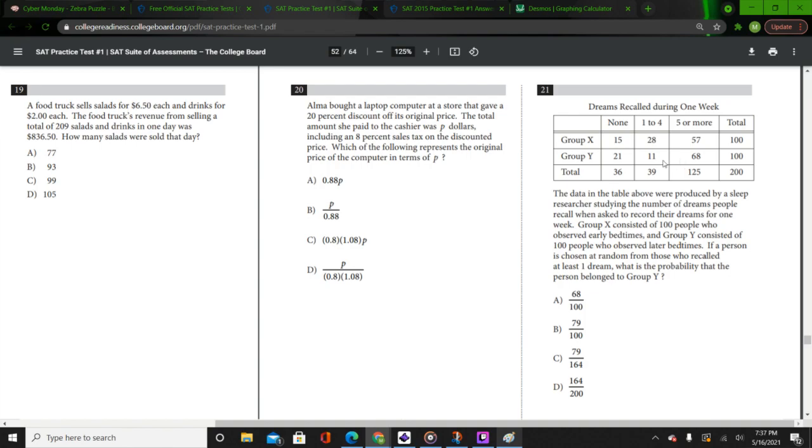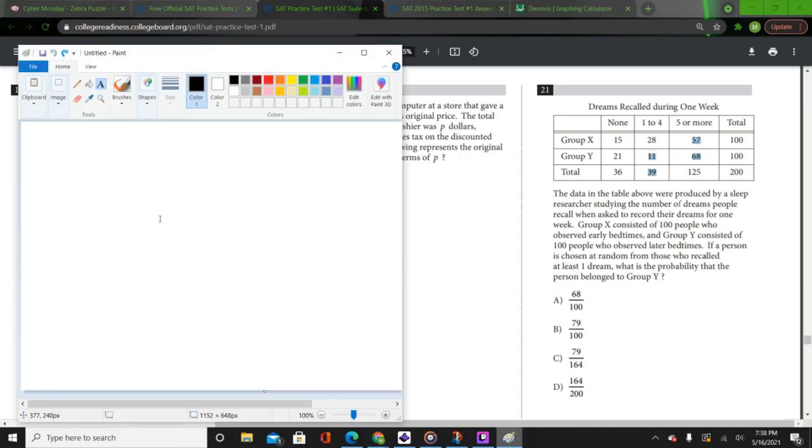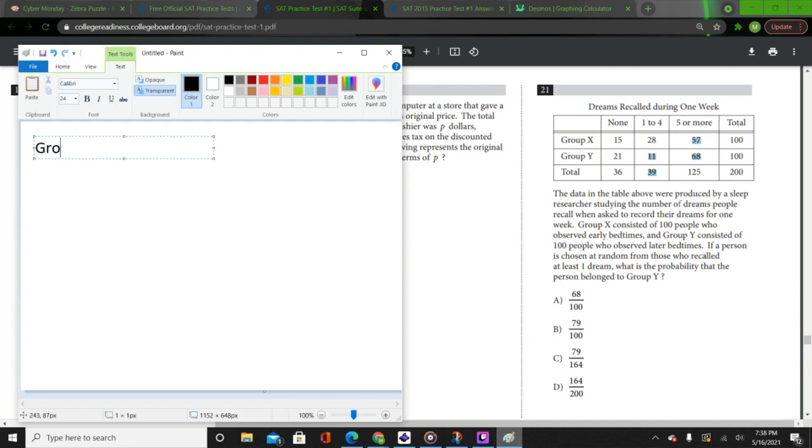All right, so we add up 11 and 68, I suppose. So the total sample size of Group Y is equal to 11 plus 68, which is equal to 79.